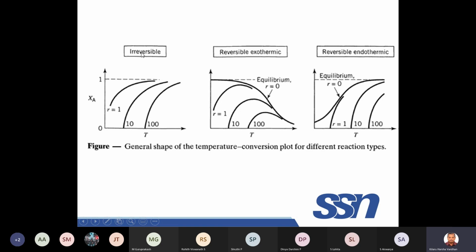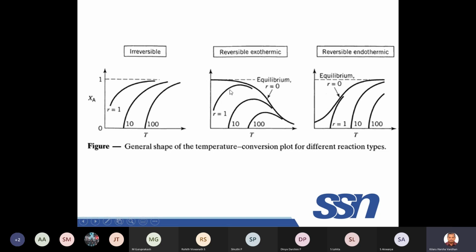Not only for irreversible exothermic and endothermic, even for reversible endothermic, high temperature is always preferred. But it is not always the case for the reversible exothermic. If you have a very high temperature, you see the conversion is very less. So for a reversible exothermic process, you should not keep a very high temperature.